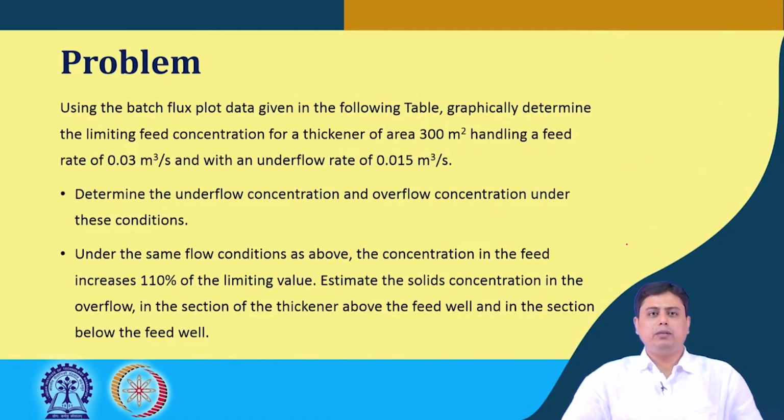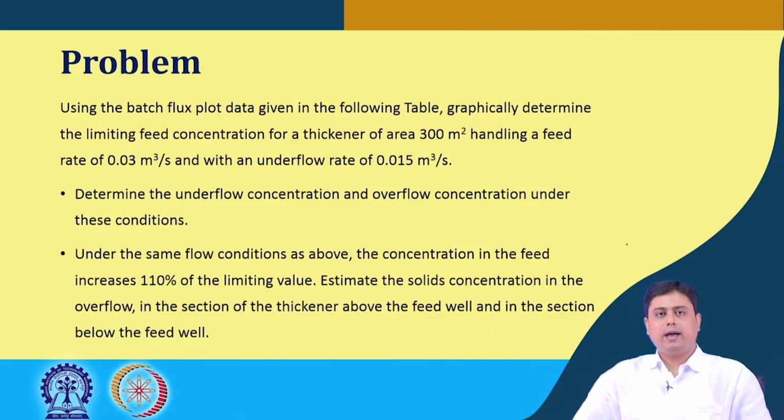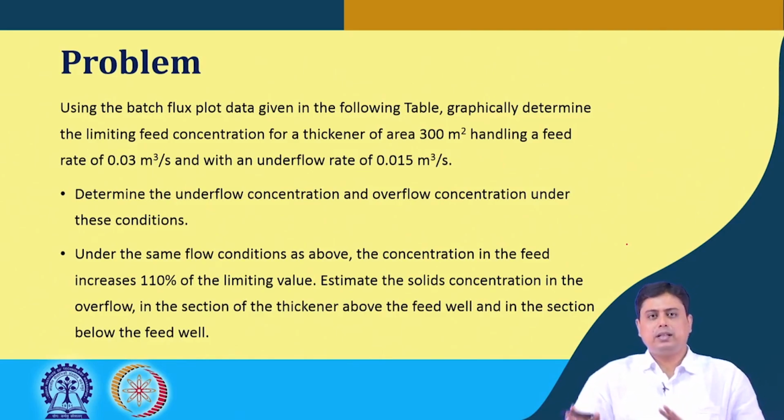Say we have a problem that, using the batch flux plot given in the following table, in the next slide I have that table, graphically determine the limiting feed concentration of a thickener that has a cross sectional area of 300 meter square, handling a feed rate 0.03 meter cube per second with an underflow rate of 0.015 meter cube per second.